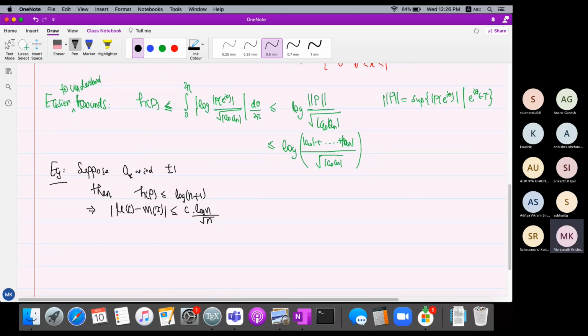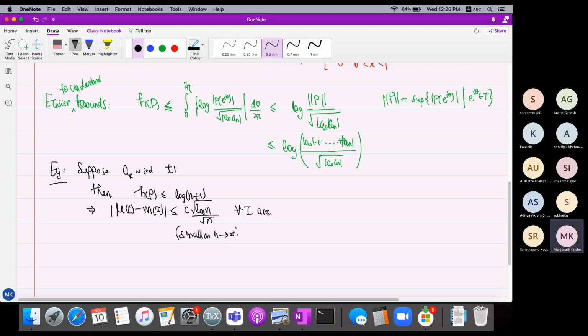So square root of log n over square root of n. So it's a very good bound, very small, for all arcs I. So this already proves that in the plus-minus case, the angular distribution is very close to uniform for large degree. So this is small.